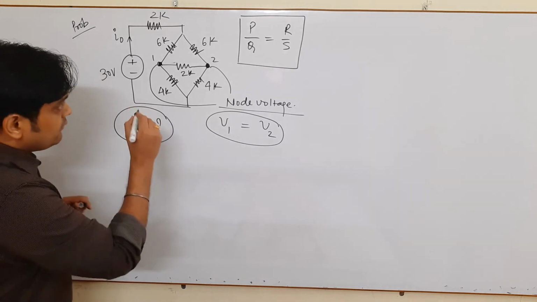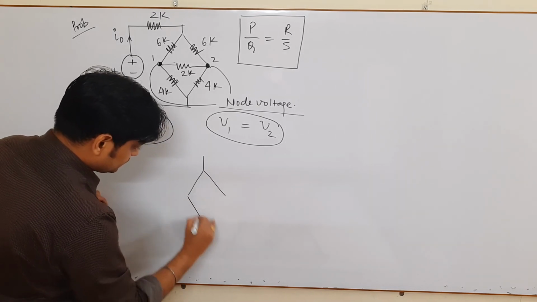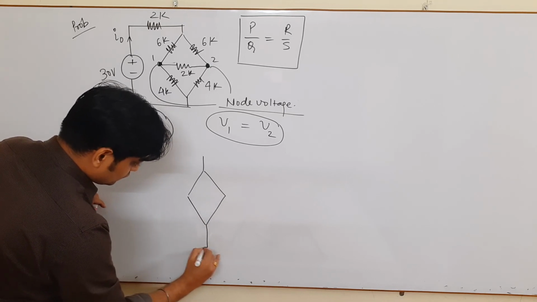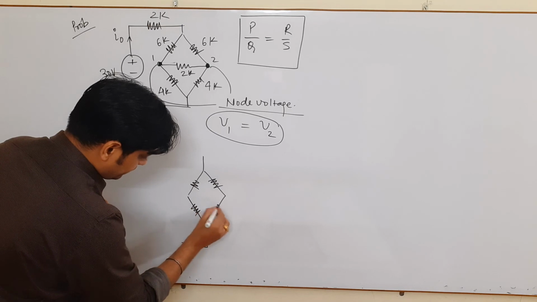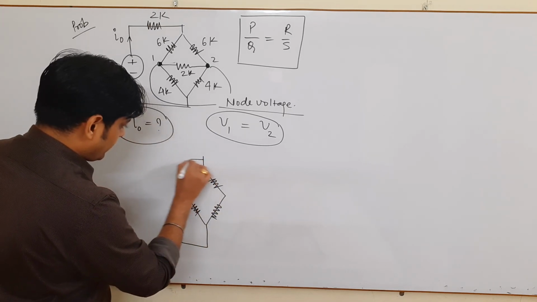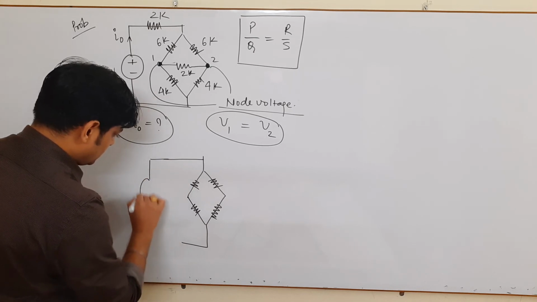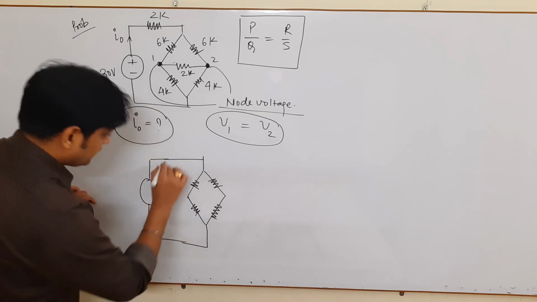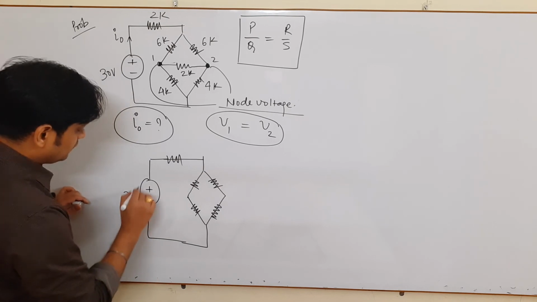So can you redraw this figure like this? This is your resistance again, and here is one more resistance. This is your 30 volt.